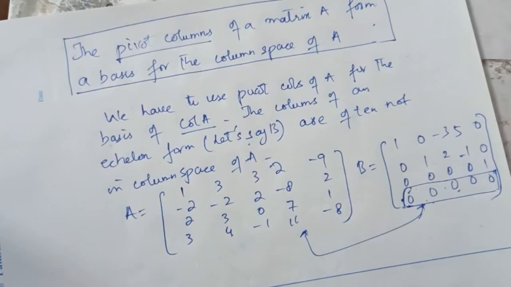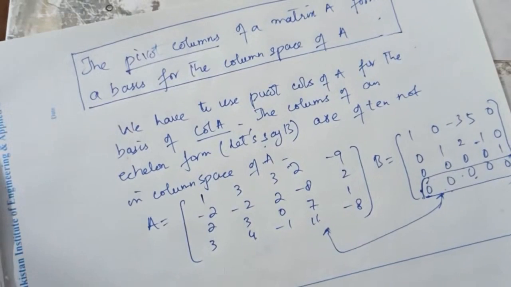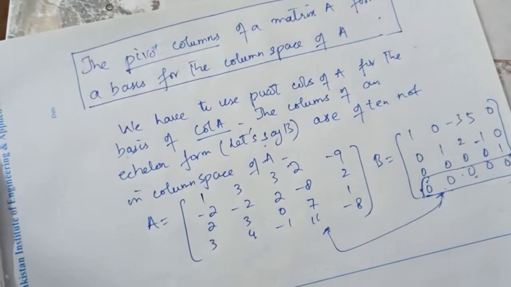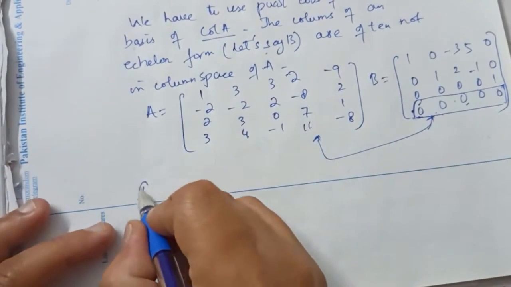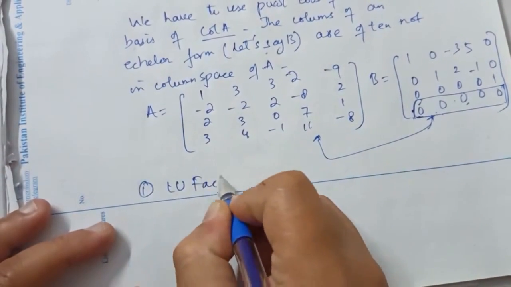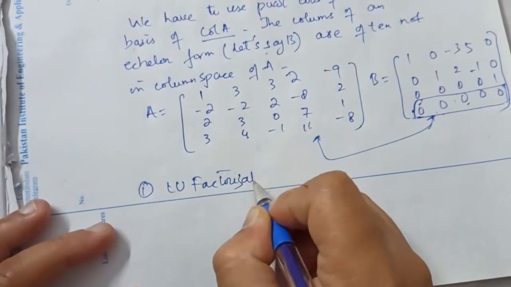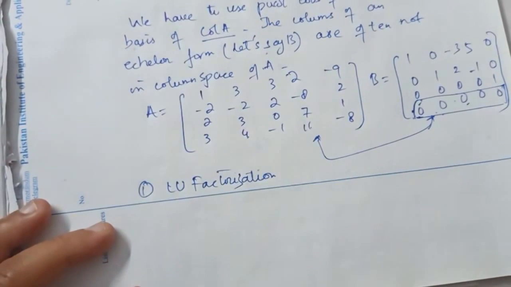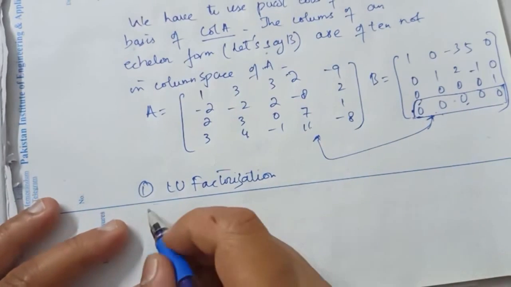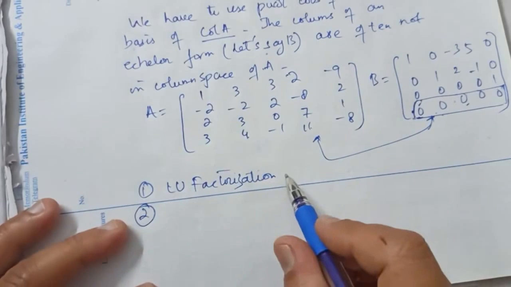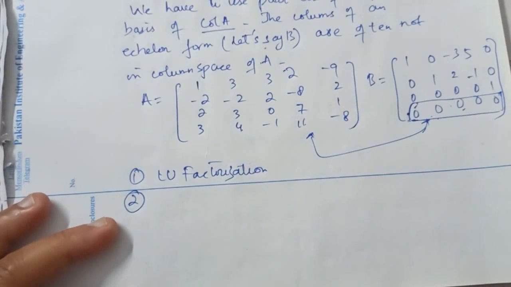This marks the end of this topic. So the topics that we have covered so far in this lecture: we have revised LU factorization, afterwards we have seen an application of how LU factorization can be used in electrical networks.